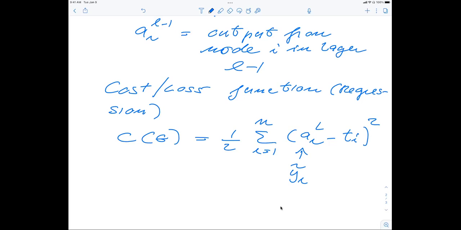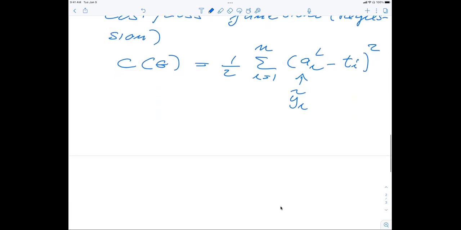Then, if we continue with the definitions, we are going to define this output A_j^L, given a node in a specific layer, by a function which we yesterday called the activation function.